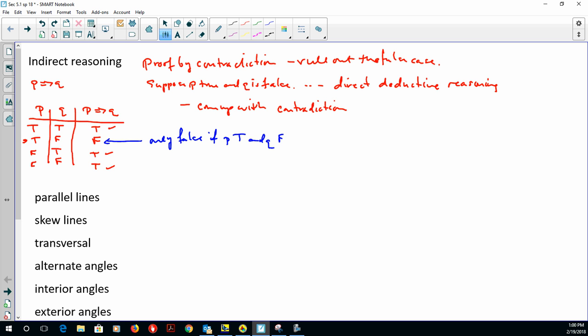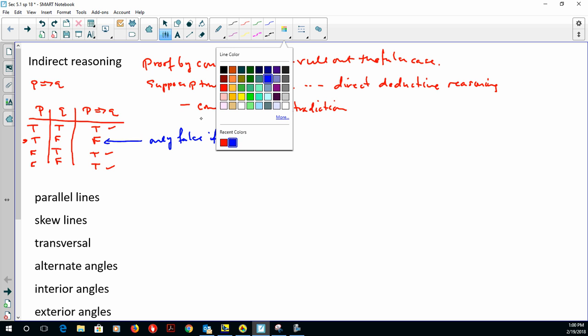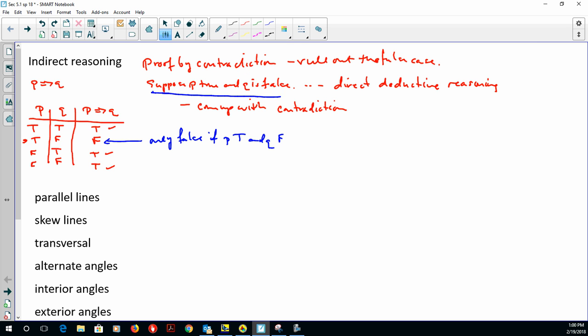So once we get our contradiction, that means this can't happen, meaning that the only place the statement would be false doesn't happen. So P implies Q is true. Okay, so keep that in mind. We're going to do several proofs along those lines.